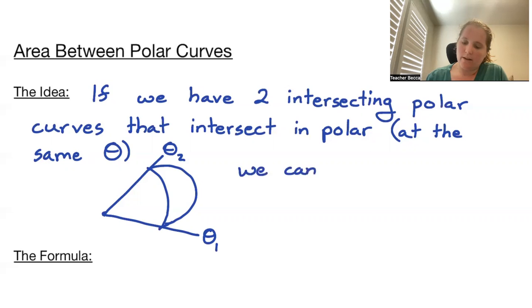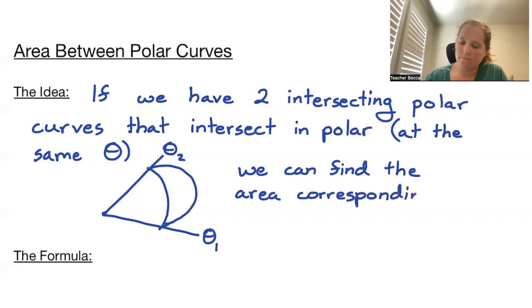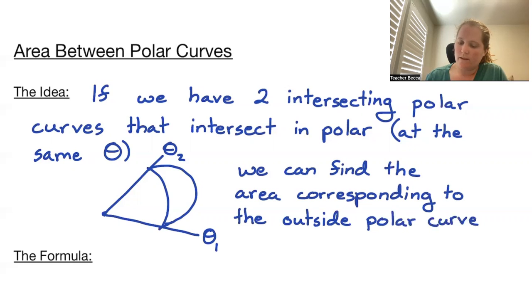So we can find the area corresponding to the outside polar curve and subtract off the inside area.